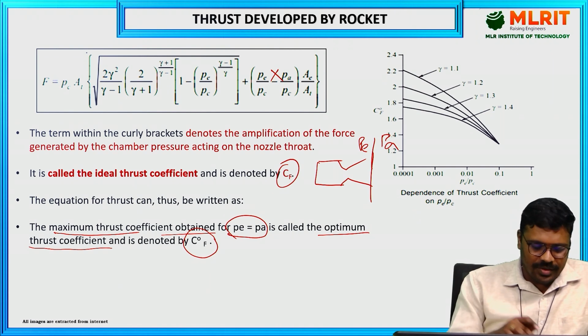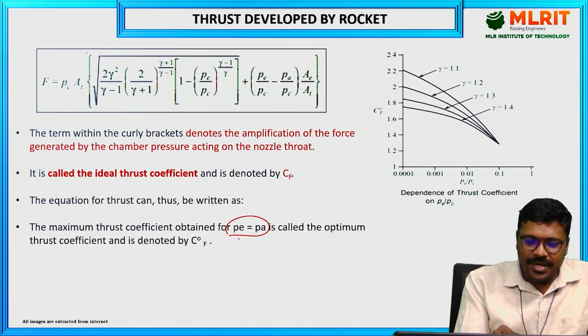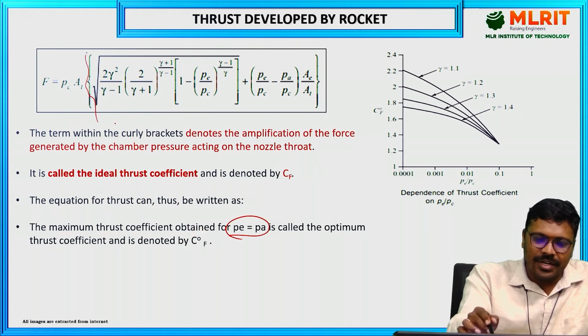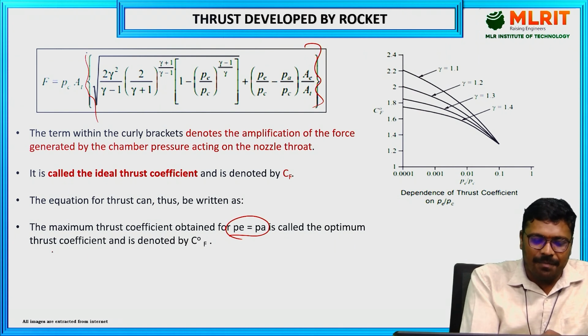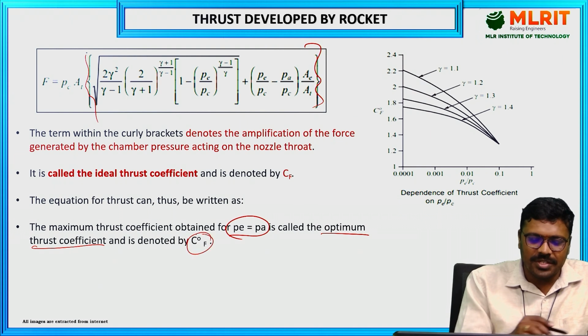That's why when Pe is equal to Pa, whatever thrust coefficient we get in this curly bracket is called the optimum thrust coefficient, that is CF naught.